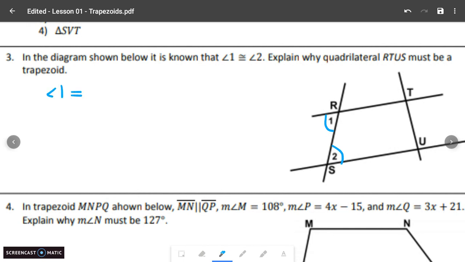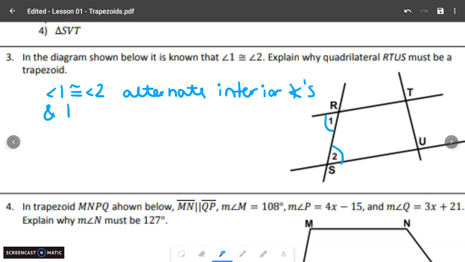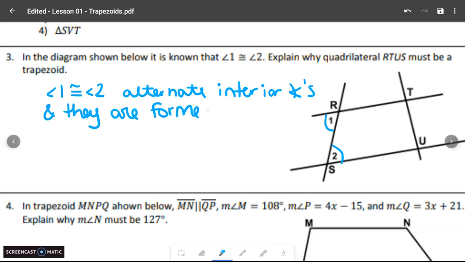Angle 1 being congruent to angle 2 makes them alternate interior angles, and they are formed by parallel lines.